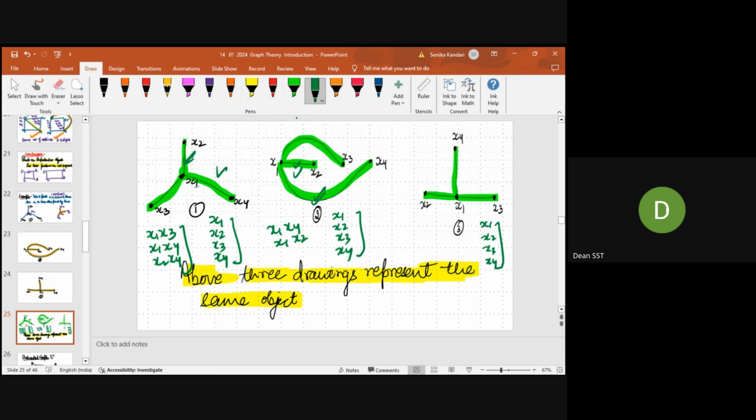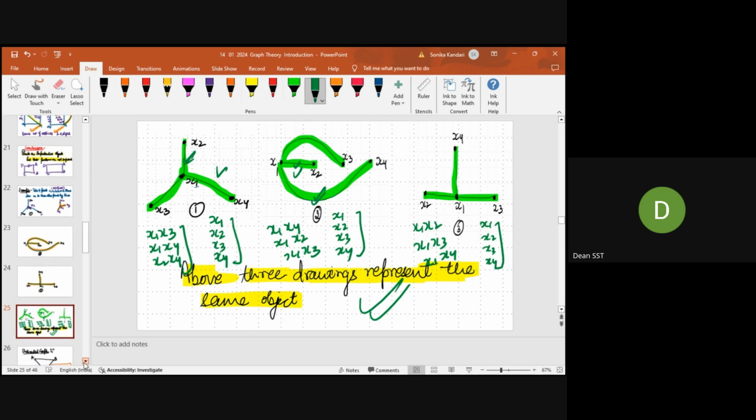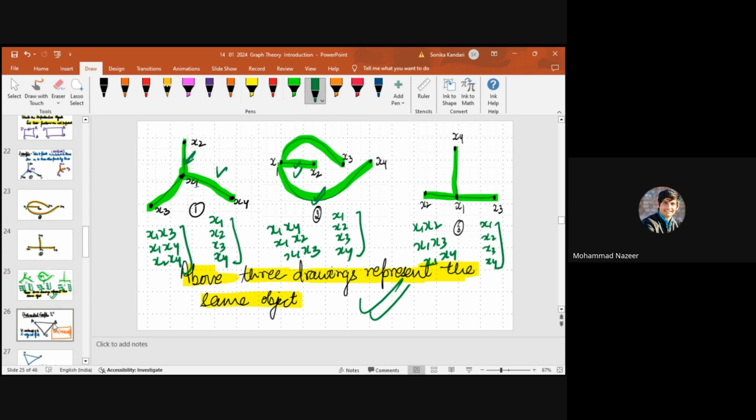Then x1, x3. In the third diagram, x1, x2, x1, x3, and x1, x4. So all three drawings represent the same object. Is it clear, class? Yes, ma'am.